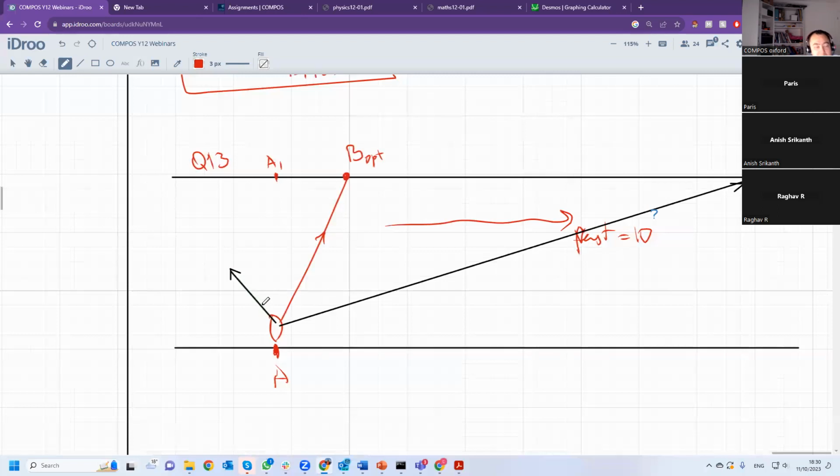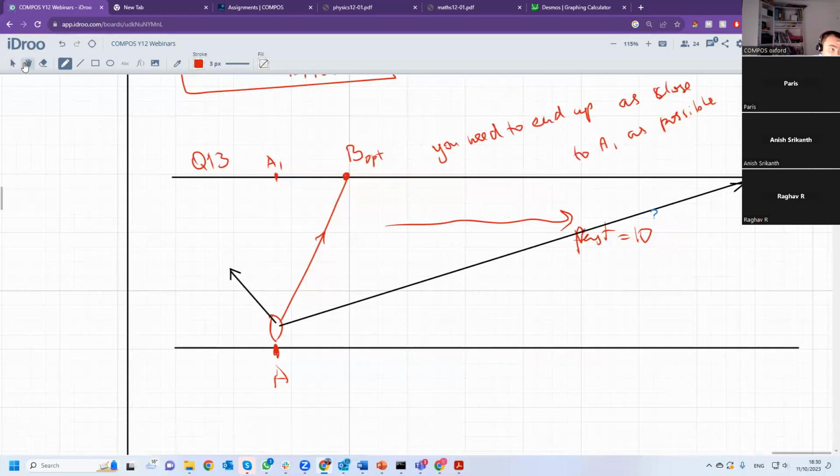Depending on how you direct your boat, you will end up in different points. You will end up to the right of A1, but you need to end up as close to A1 as possible.